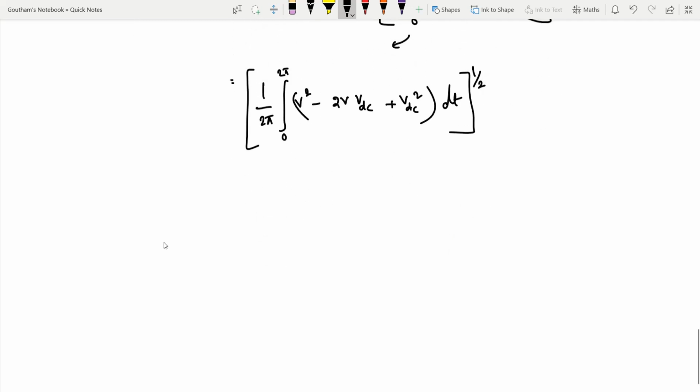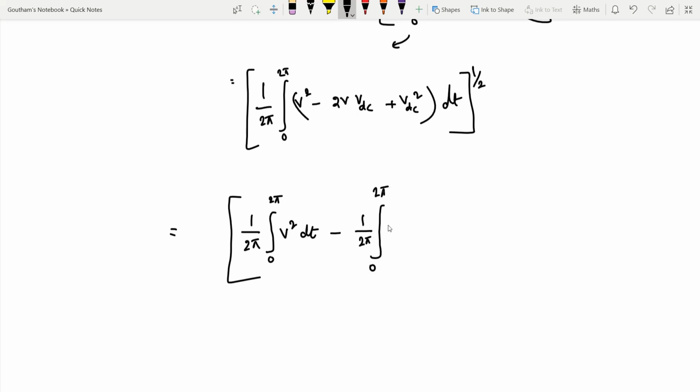Now I'll split the integrals. If I split the integral, I have 1 by 2 pi integral 0 to 2 pi V square dt, minus 1 by 2 pi integral 0 to 2 pi 2V VDC dt, plus 1 by 2 pi integral 0 to 2 pi VDC square dt, and this entire thing is under the root.